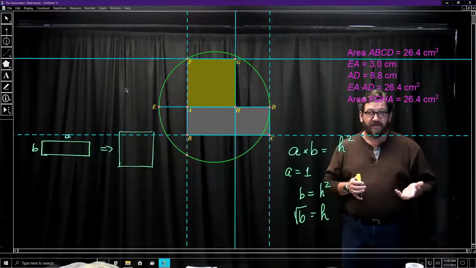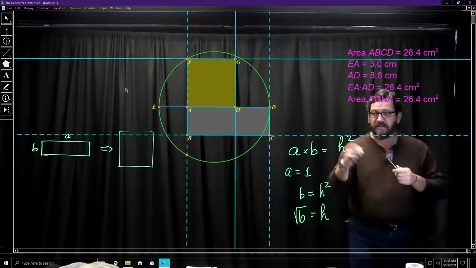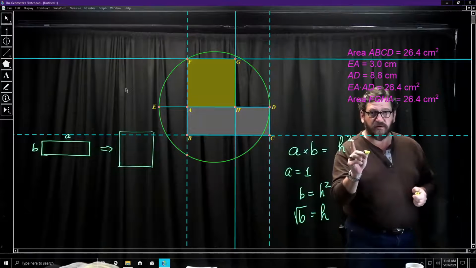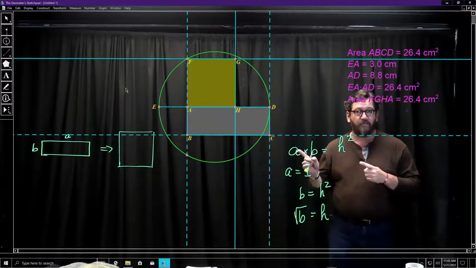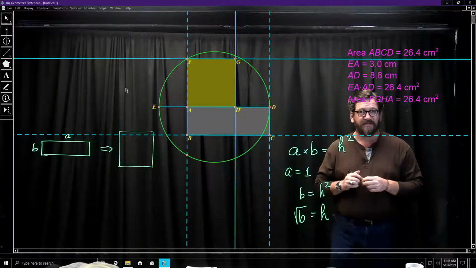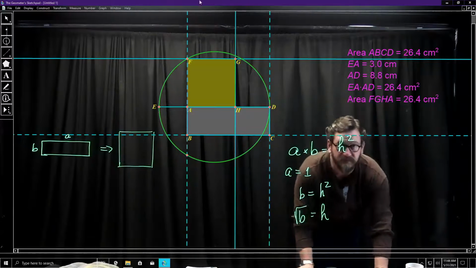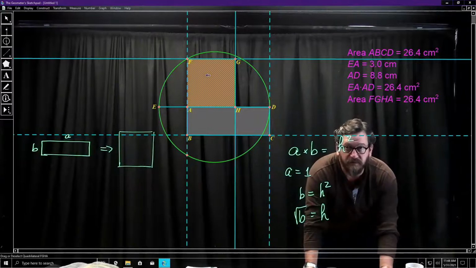Also, it's kind of interesting in the fact that when we look at this, it also means we have a couple of right triangles up here that we need to investigate. Let's take a look. And permit me, I'm about to hide a whole bunch of stuff.